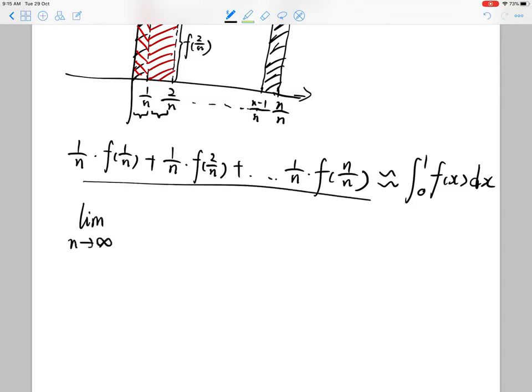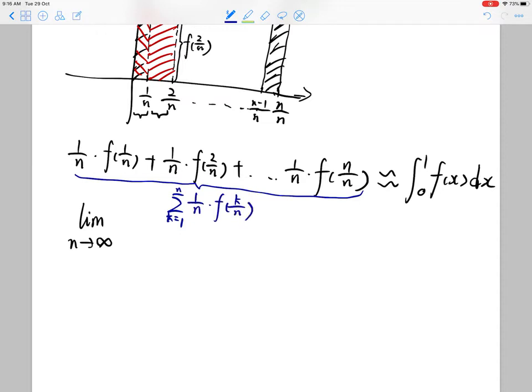So they are approximately the same, but when n is approaching infinity, first for the left side we can write it in the summation form. It's a summation for k from 1 to n of 1 over n times f(k/n). This approximately equals the right side, the area under the curve.